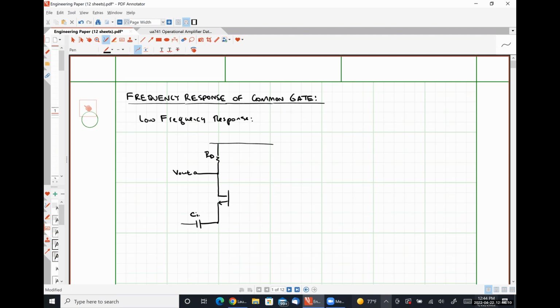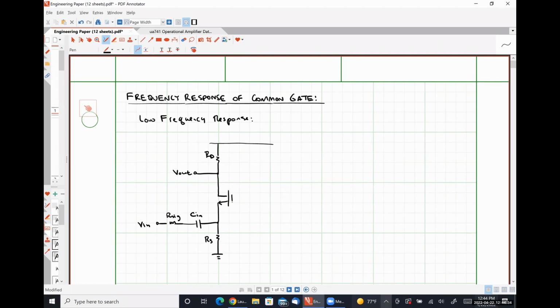I'm going to have some input capacitance Cin. We're going to take into account if there is a signal resistance R sig. Here is where our input voltage is applied. And we have resistance RS here.